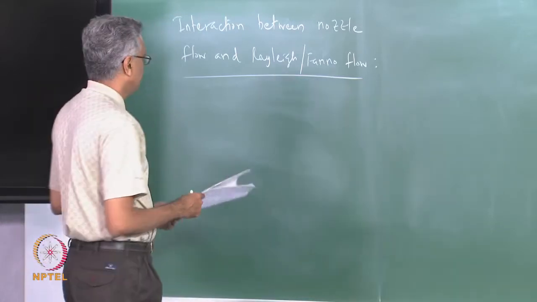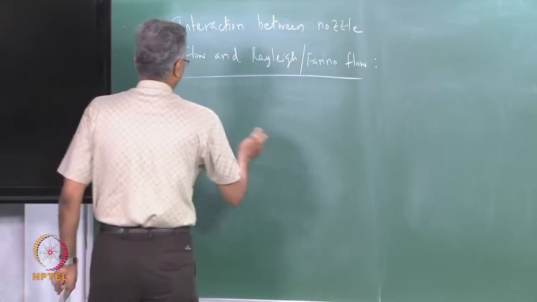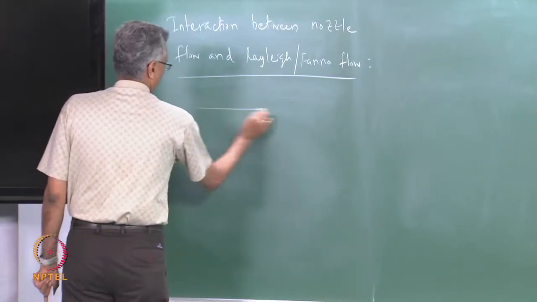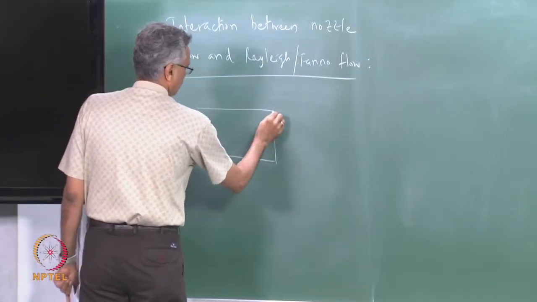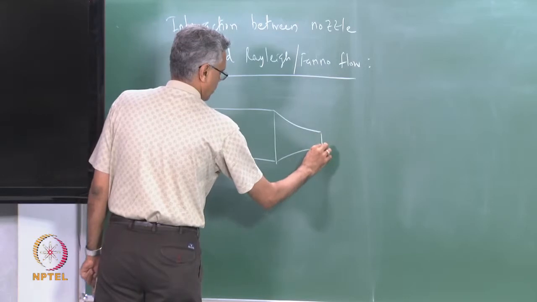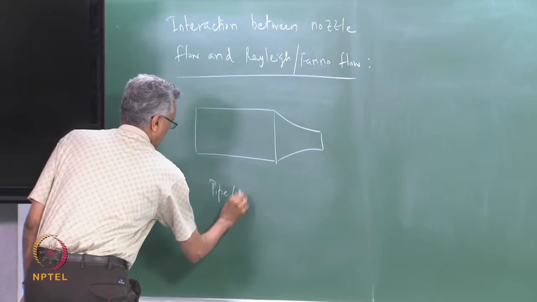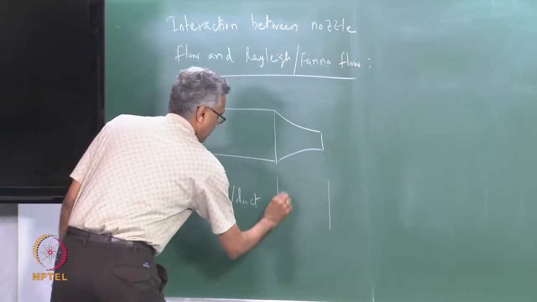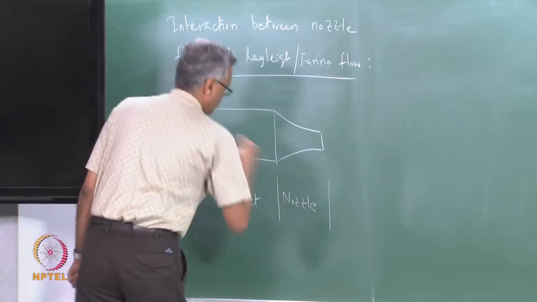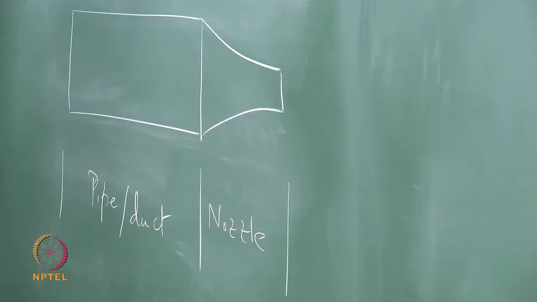Okay. We will discuss the theory for interaction between nozzle flow and Fano flow. So, we first start with a situation where we have a pipe or a duct, constant area, followed by a convergent nozzle, because we will also look at the situation when this is a convergent divergent nozzle, that is also possible.